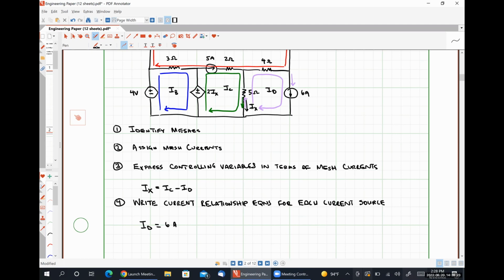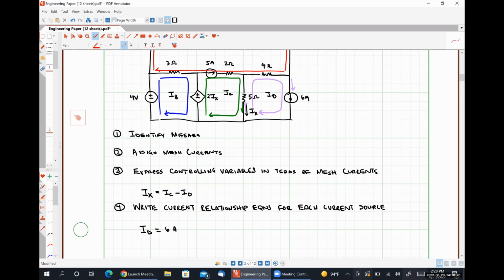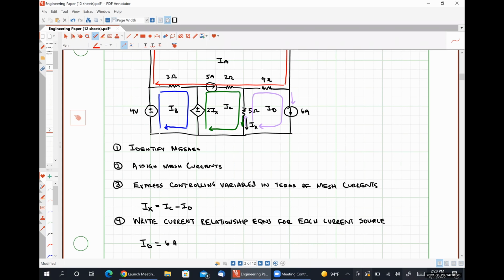So as we follow mesh current A around its clockwise path, when it's flowing through the branch containing the 5 amp source, IA is flowing from right to left, which is opposite the direction indicated by the current source. So IA is going to get a minus sign. When we follow IC around its clockwise path, it's going to be flowing from left to right through the branch containing the 5 amp current source, which is the same direction as the current source is indicating.